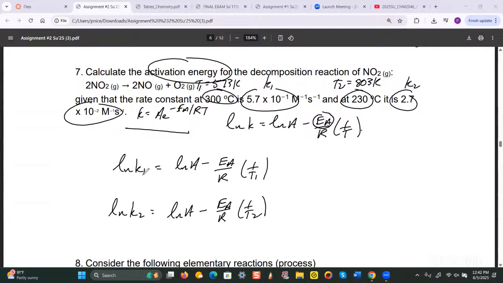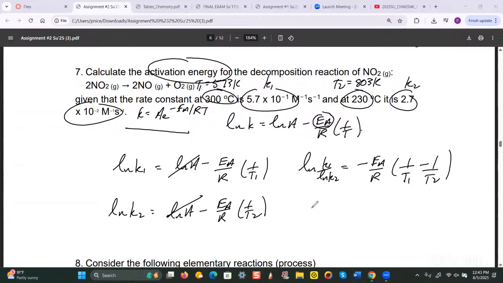If I subtract this from this, ln k1 minus ln k2, and these two ln A terms cancel out, would be equal to minus Ea over R times 1 over T1 minus 1 over T2.